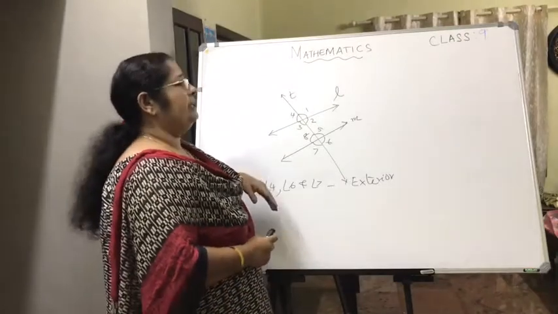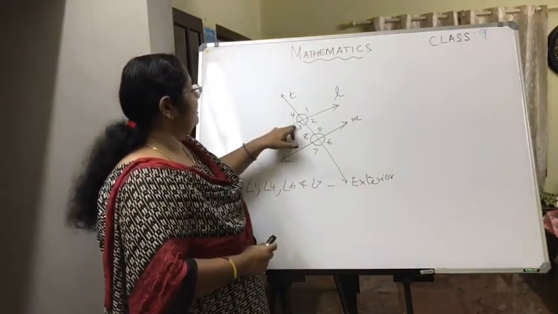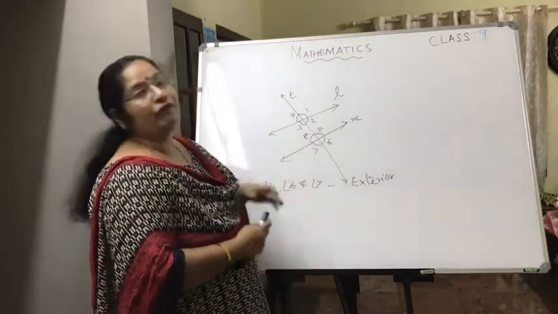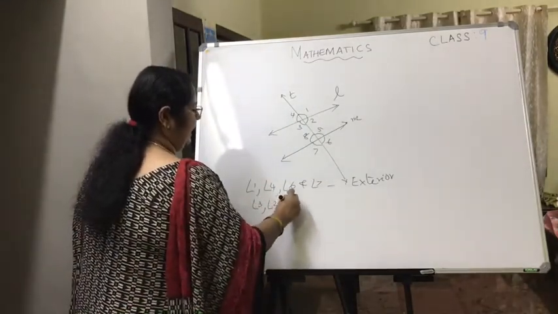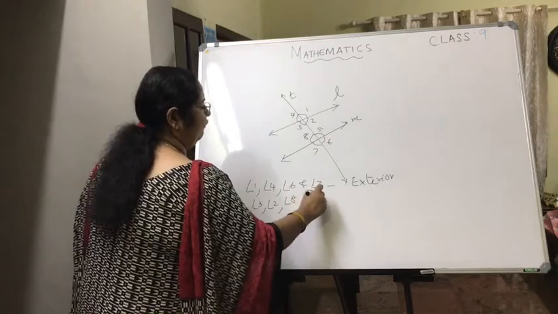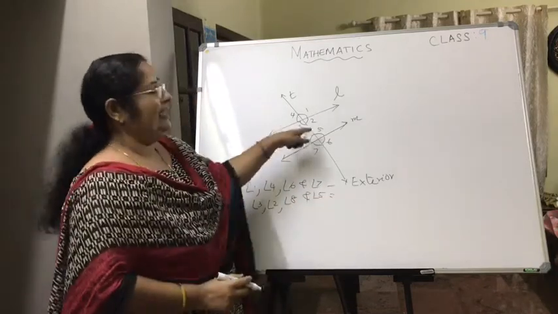Now suppose you take the angles 3, 2, 8 and 5. Where are they placed?